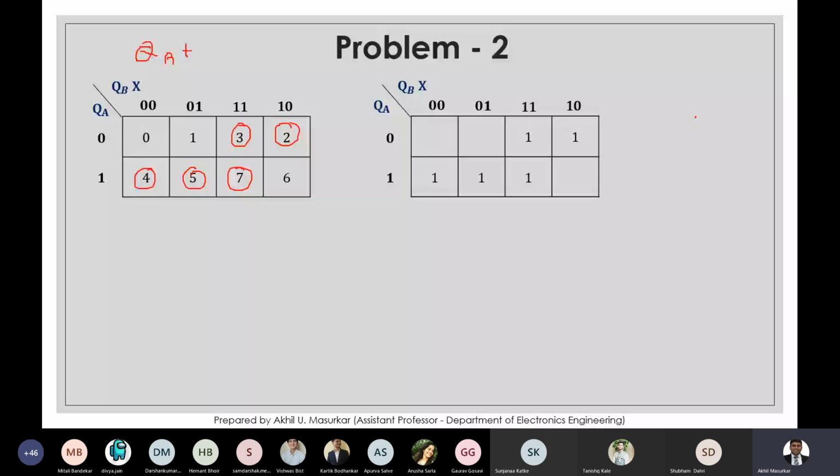Amit? Okay, Rohit Sawant, can you unmute and answer?